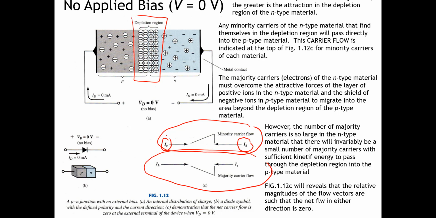The majority carrier flow is also like this. The magnitudes of the minority carrier and majority carrier flows are similar, so the net current is 0. If we don't apply any bias condition in the diode, there is no current flow in the diode.